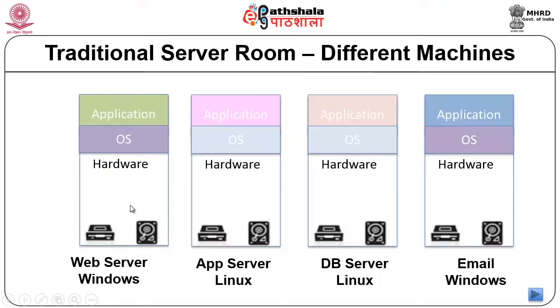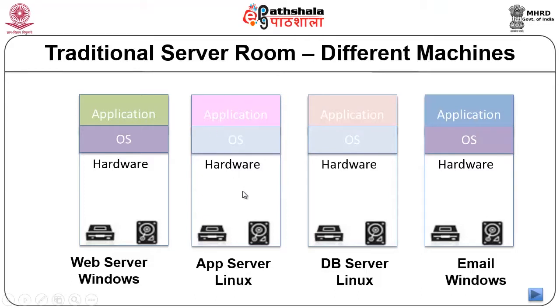Instead of these 4 different machines, we are now not worried about having 2 different operating systems, because with the virtualization layer we are able to overcome the problem and run 2 different operating systems simultaneously, not like dual boot, but simultaneously on top of my hardware.